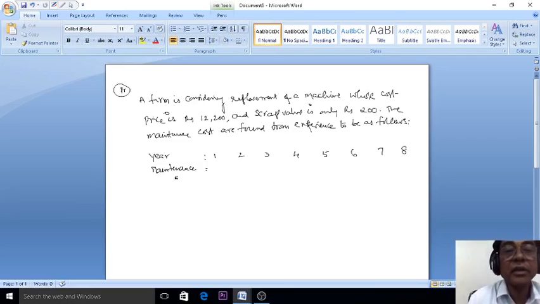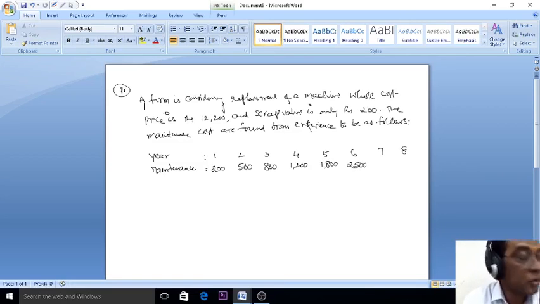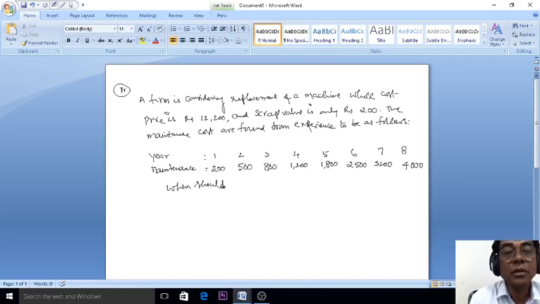Maintenance is 200, 500, 800, 1,200, 1,800, 2,500, 3,200, and 4,000. When should the machine be replaced?